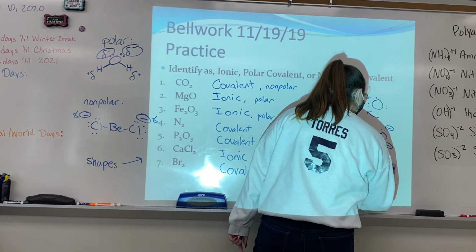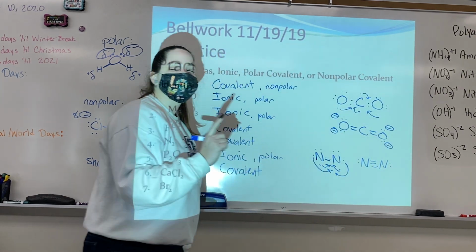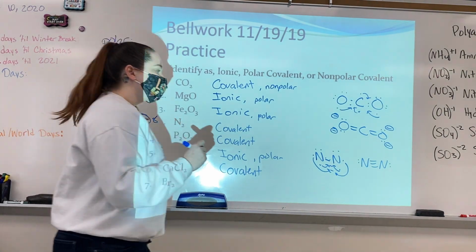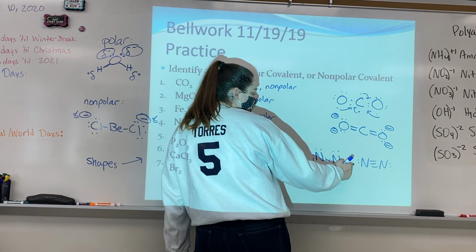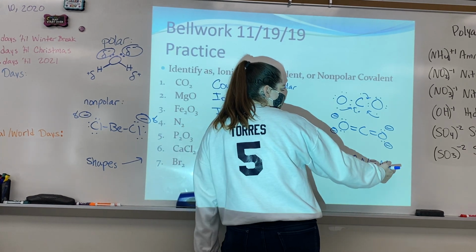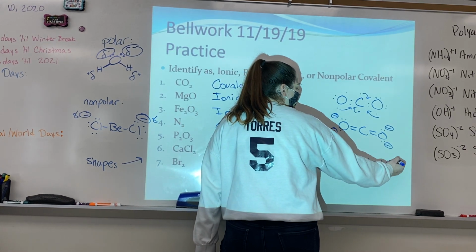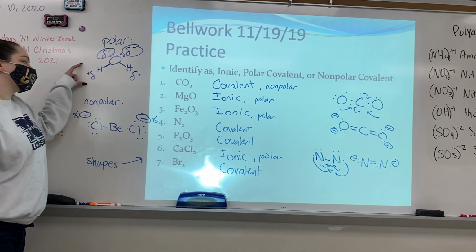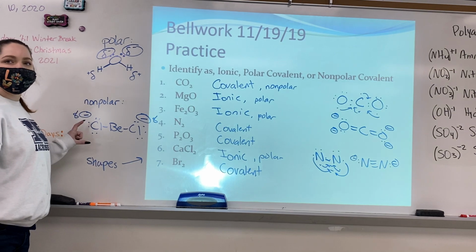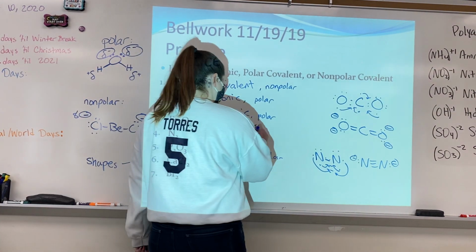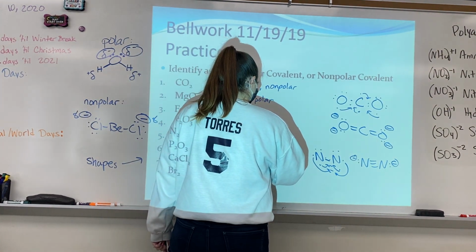And then you have a lone pair on each side, so you have dots here and dots here. You have a negative sign here and a negative here. Do you have different signs or the same sign? If you have the same sign, what do you have? Non-polar. So yes, nitrogen is non-polar.